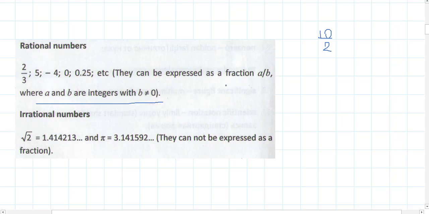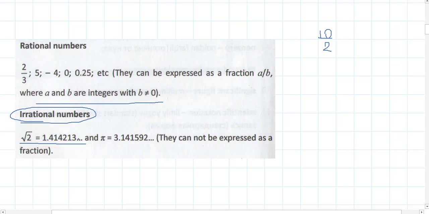So you can see here examples of rational numbers, and here we also have irrational numbers. What are irrational numbers? They are numbers that cannot be expressed as a fraction a over b. In our case, for example, the square root of 2 is equal to 1.41421, approximately, of course.